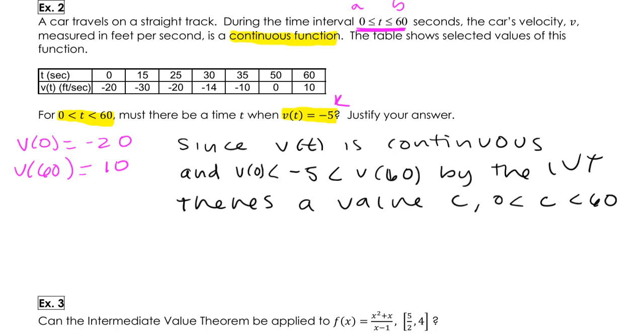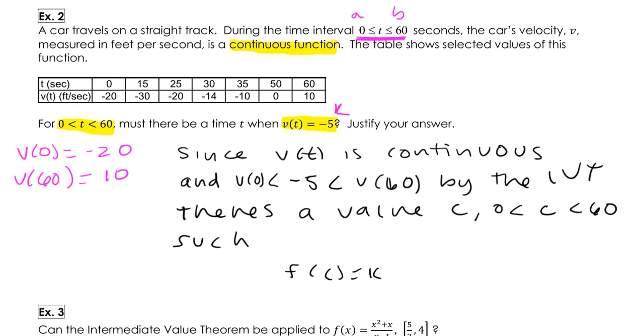And remember, this is our A right here, and this is our B. So there is a C between A and B such that, remember it said f of C is K. Ours is going to be V of C, and what was our K? It was -5.